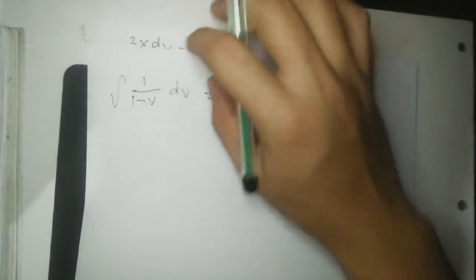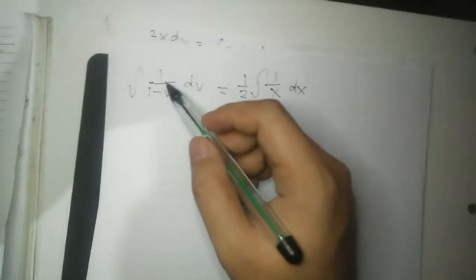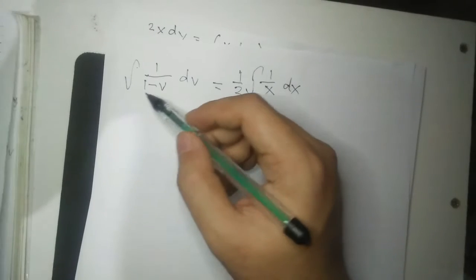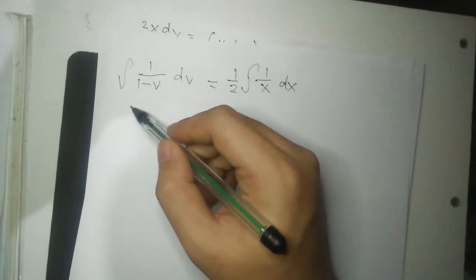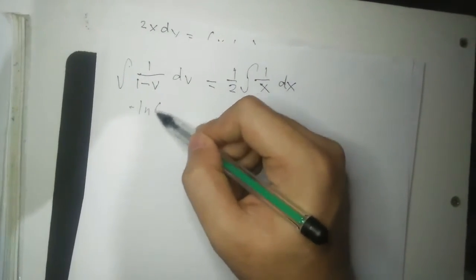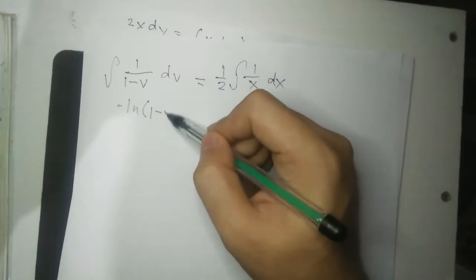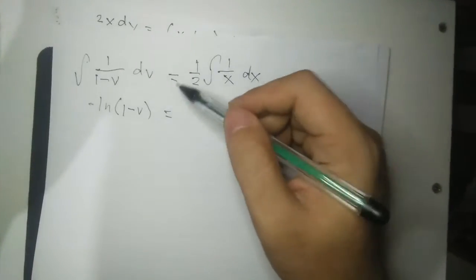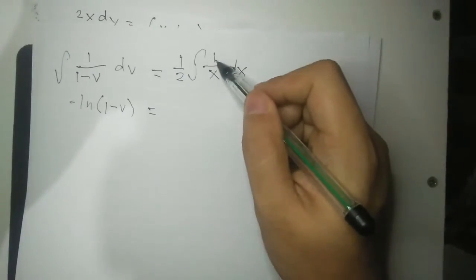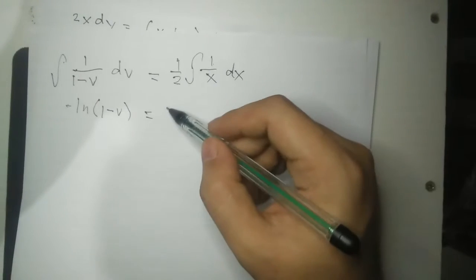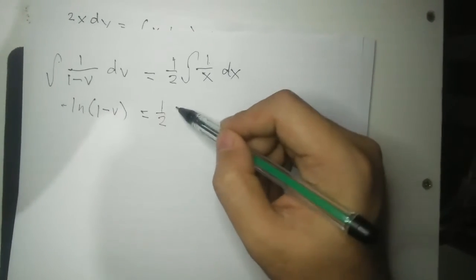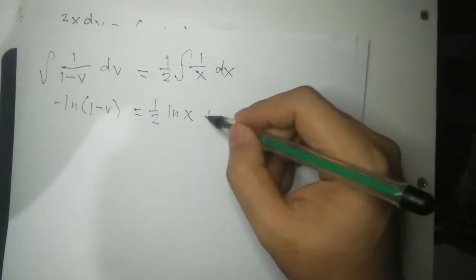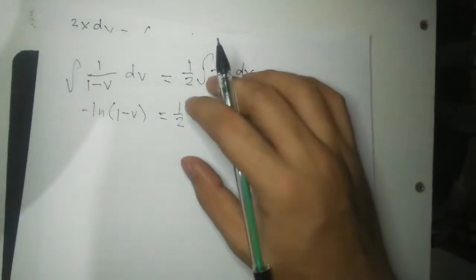The integral of 1 over (1 minus v) is simply the negative of ln(1 minus v), which equals the integral of 1 over x, which is simply ln x, then plus the constant c.